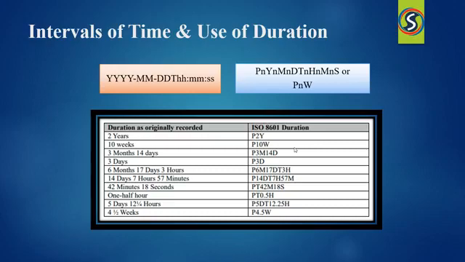Also, as is the case with date or time representation, if no time component is represented, your T, that is nothing but your time designator separator, must be omitted even if you have any missing time.